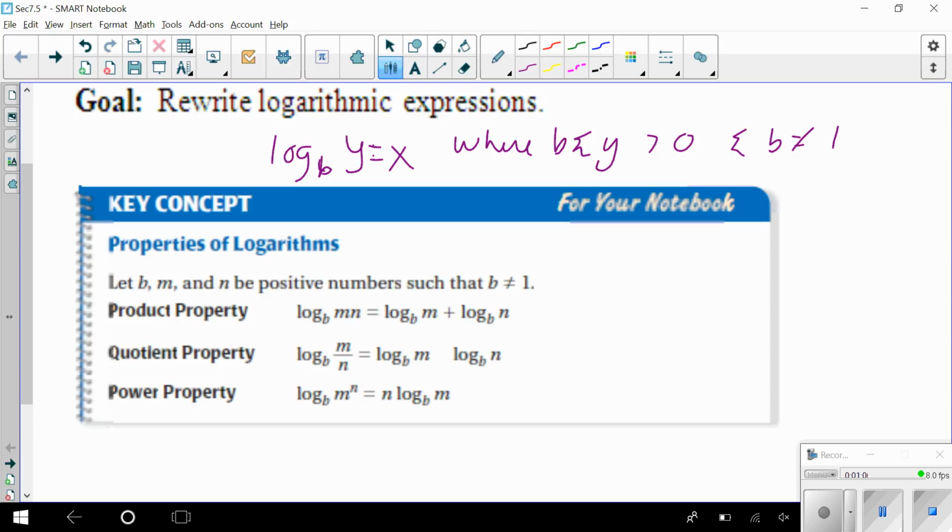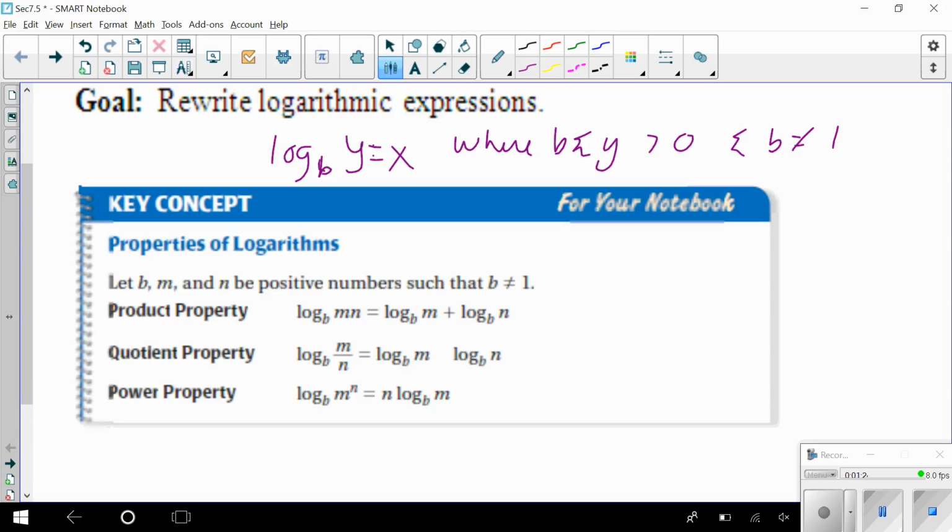So using the product property, this first property, the log base b of mn is equal to log base b of m plus log base b of n.